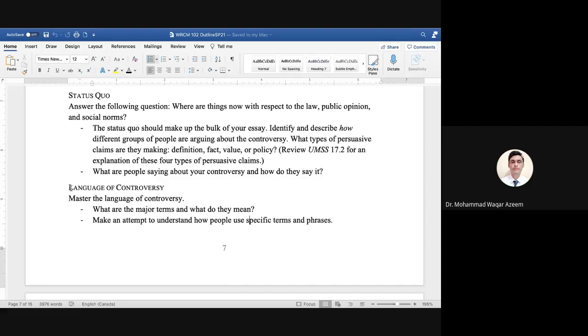The last part of your essay is language of controversy. So by language, we mean terms, the terminology, the vocabulary. So master the language of controversy and then show your mastery by mentioning those terms and describing them for the reader.